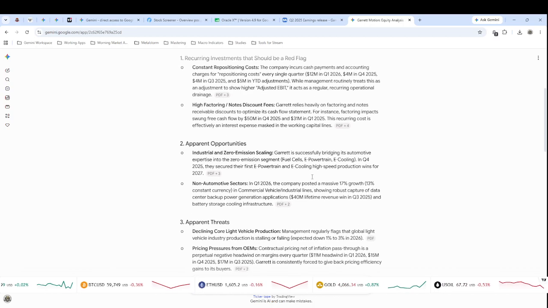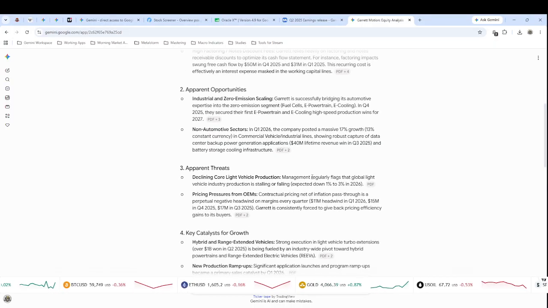Let's keep going here. Apparent opportunities. Industrial and zero emission scaling. Garrett is successfully bridging its automotive expertise into the zero emission segment. In Q4 2025, they secured their first e-powertrain and e-cooling high-speed production wins for 2027.